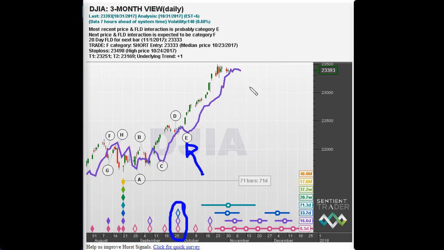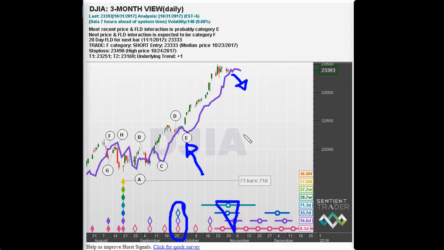And so, again, the next interaction that we are expecting is the F category interaction, where price should drop down below this FLD and come down to the 80-day cycle trough. Here is our nest of lows for the 80-day cycle trough, and that nest of lows is based around this week. So we don't really have any additional information on this chart that can help us resolve the situation one way or another.